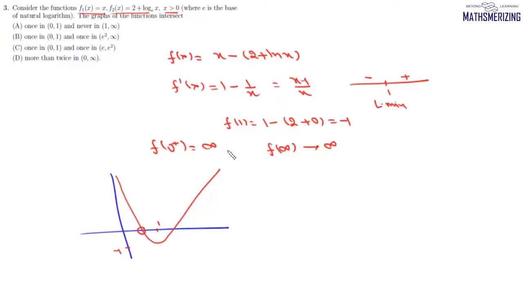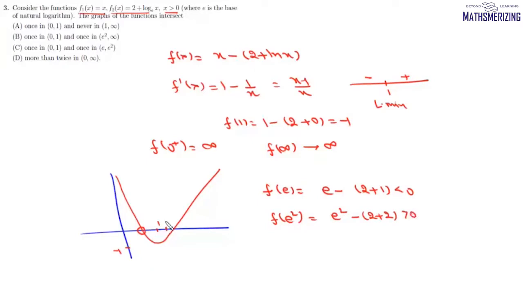Now if we find f(e), f(e) is e minus 2 plus log e, it is e minus 1 and it is less than 0. And if we find f(e square), it will be e square minus 2 plus 2, which is greater than 0.